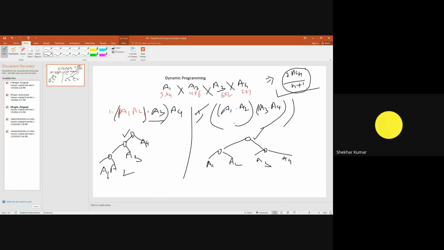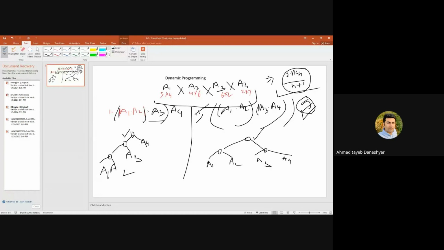So there are 5 ways to find the overall solution of the above multiplications. So in these 5 approaches, which approach should be used so that the cost should be minimum?